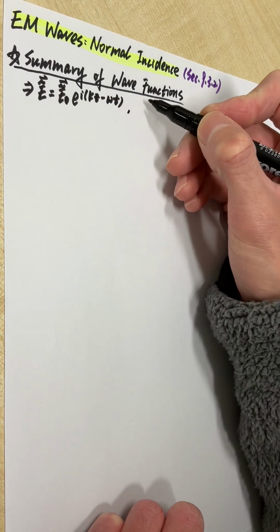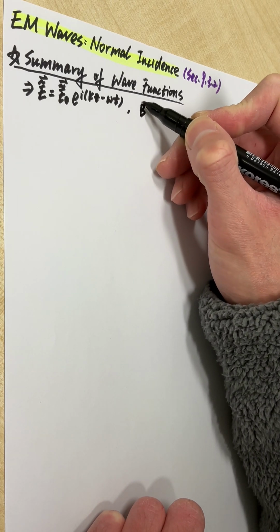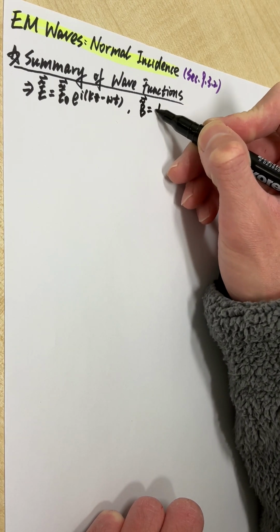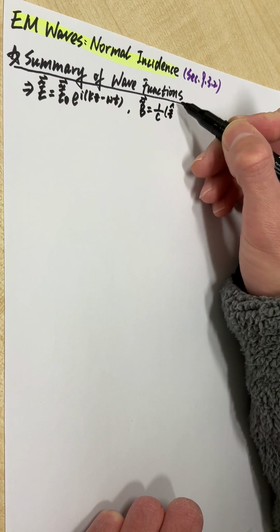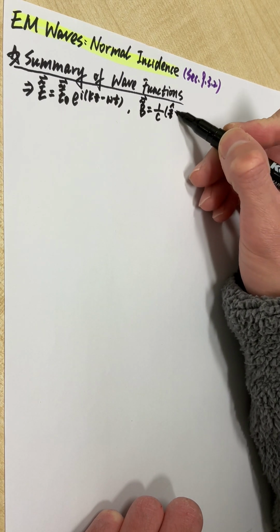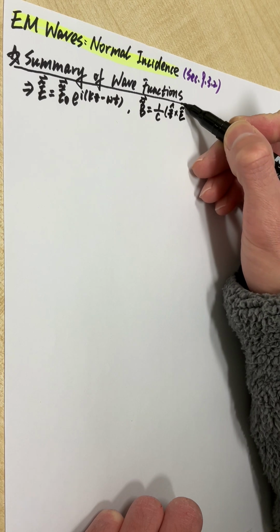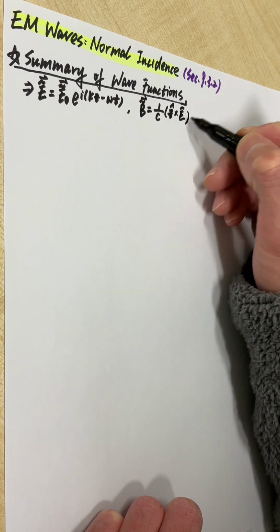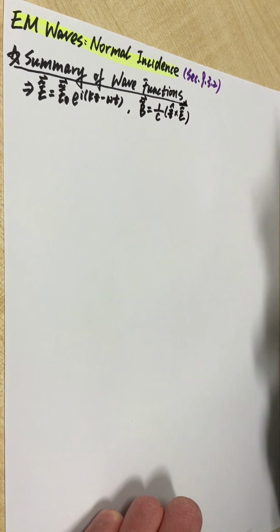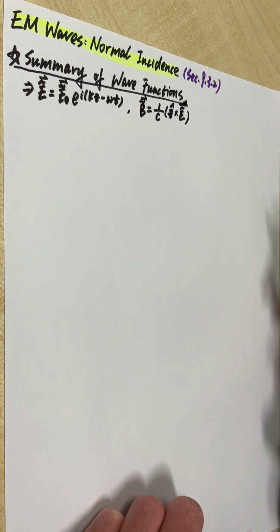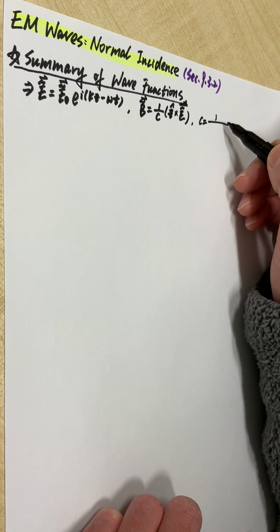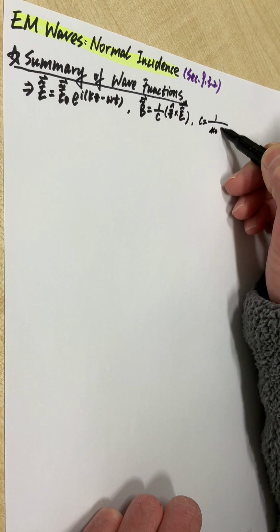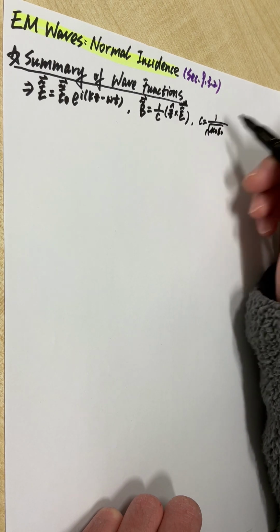We have the magnetic field equals 1 divided by c, times the propagation direction crossed with the E field. Here in free space, c equals 1 divided by the square root of mu 0 epsilon 0.